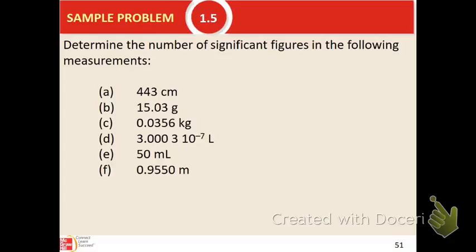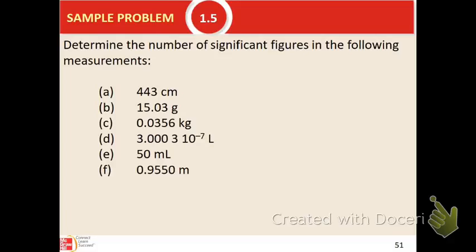Now look at C. C has some zeros, but they're at the beginning. Zeros at the beginning never count as being significant. So we're only going to count the 3, the 5, and the 6. So there are only 3 significant figures there.